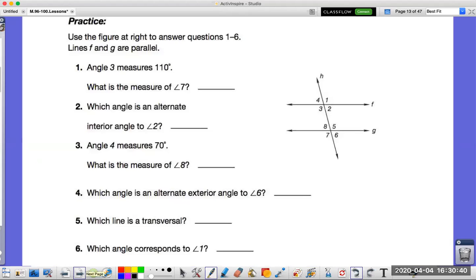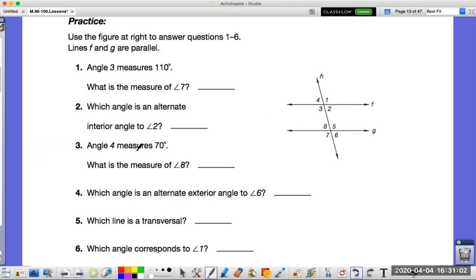All right, go ahead and do your quiz here. Number 1: If angle 3 measures 110 degrees, what is the measure of angle 7? Number 2: Which angle is an alternate interior angle to angle number 2?